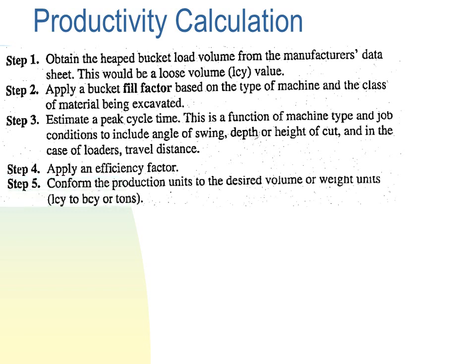And of course, depending on the units that you need, whether it's bank units or weight, you'll apply a factor to convert the units. However, if you need it in loose units, you will not apply any conversion in such a case.